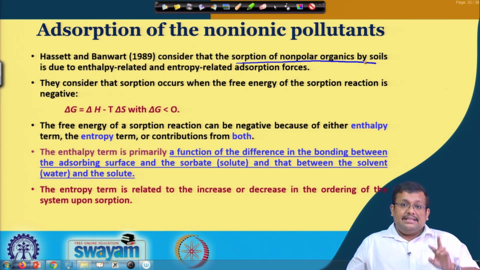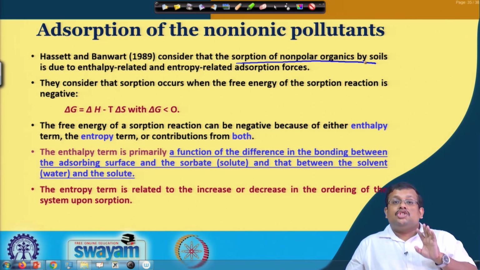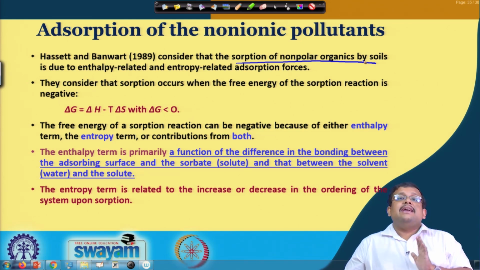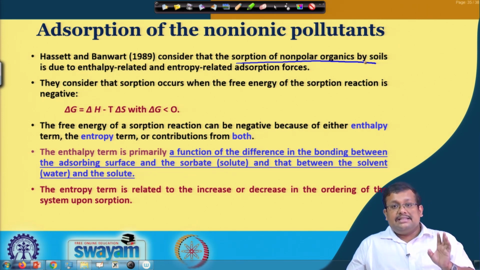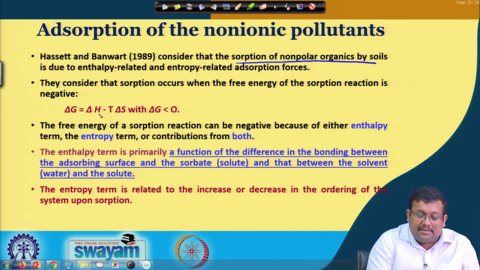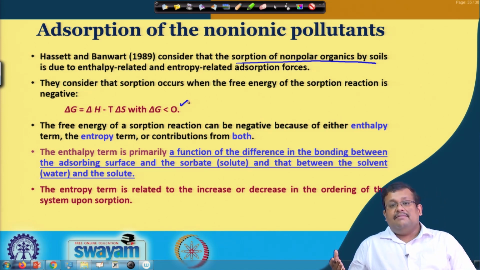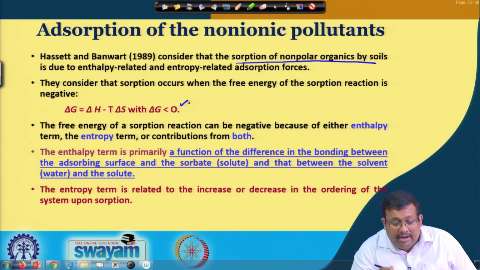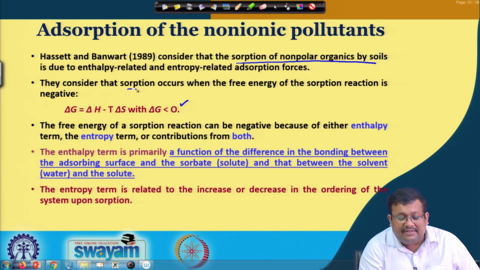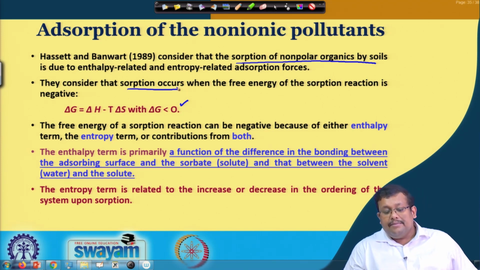Now, they considered that sorption occurs when the free energy of the sorption reaction is negative. This free energy, denoted by delta G, is basically delta H minus T times delta S. Only when this delta G is negative does sorption occur.